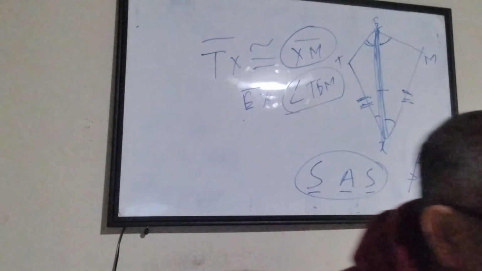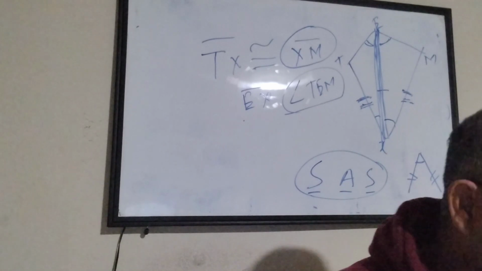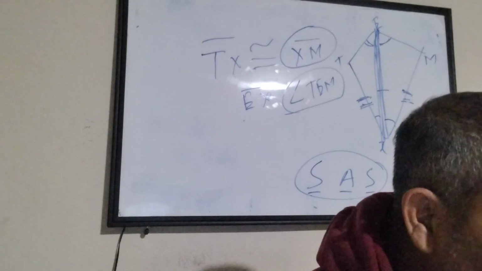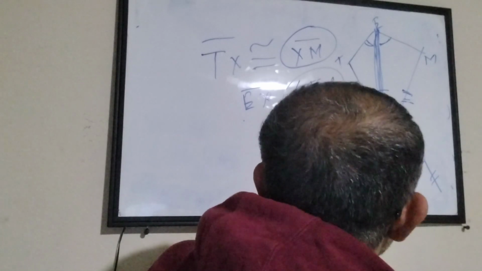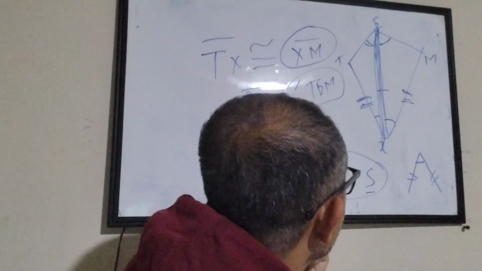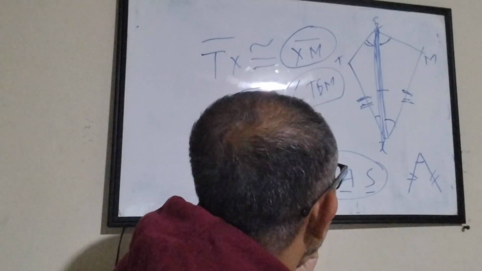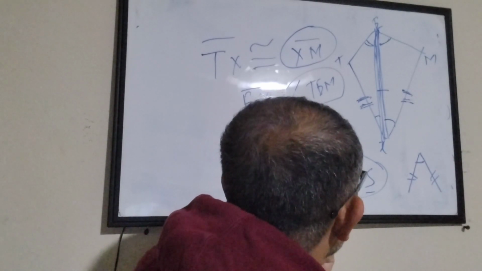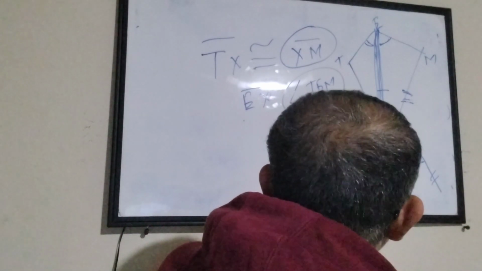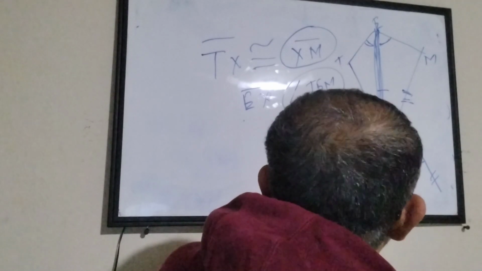What is the difference between both the questions? 7 and 9. Okay, let me just read it. EX bisects TEM, TE equals EM, TX is congruent to XM.